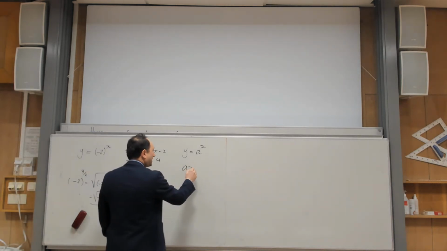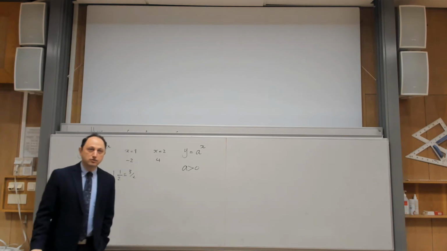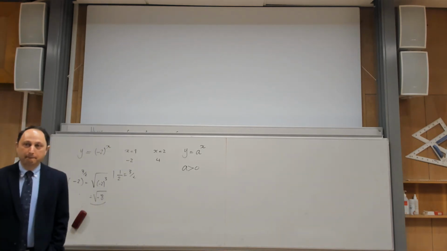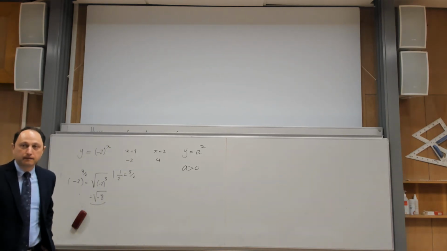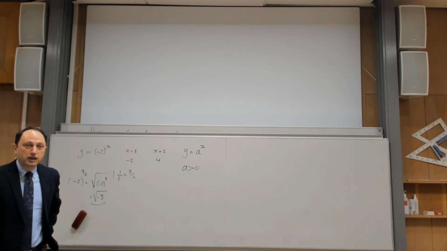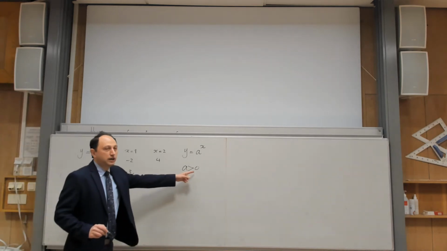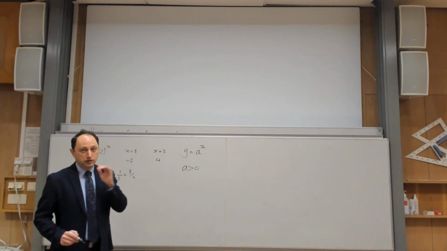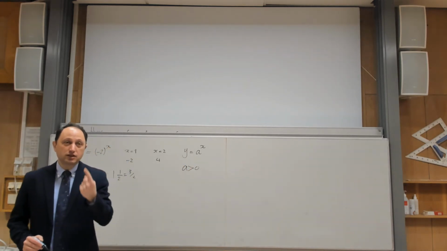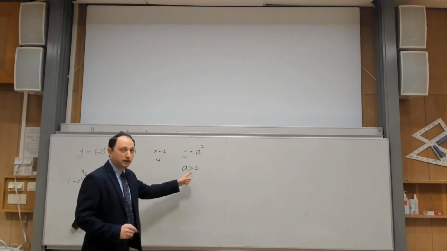But there is also another one which is not interesting at all. If I choose a to be, which number? No, when I say greater than 0, I am already excluding 0. But I am not excluding 1 when I say a greater than 0.